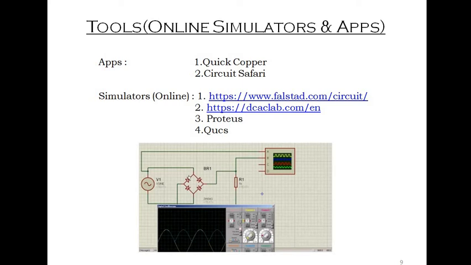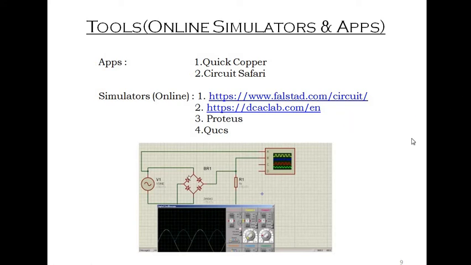Apart from that, if you would like to go with standard software for circuit simulations, we have another 2 simulators. First one is Proteus, second one is QX, right? QX is freeware, everyone can install it, no license is required.